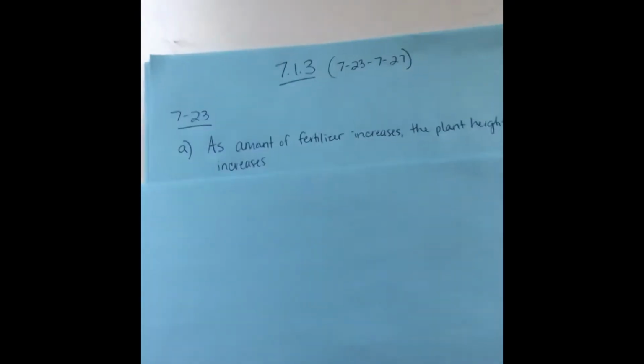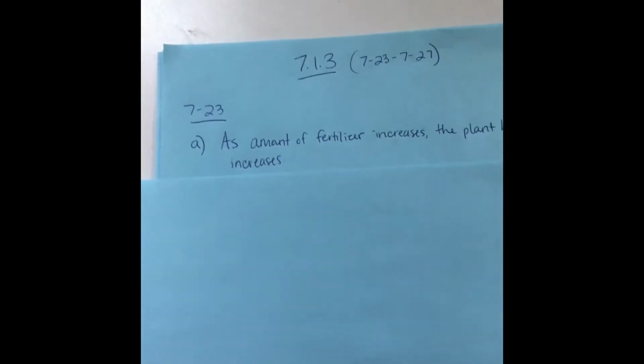If you can see this, I wrote, as the amount of fertilizer increases, the plant height increases. So that was my hypothesis, that as you put more fertilizer in the plant pot, the plant height might increase. That was my guess. So that would be part A. That's my hypothesis for part A.